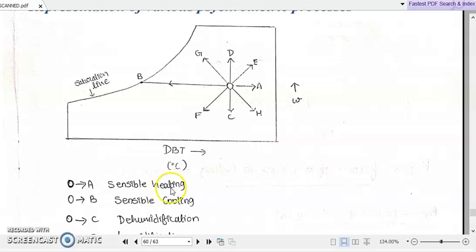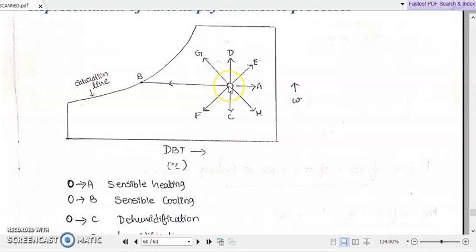Only if there is humidity addition or removal will there be latent heating or latent cooling. So O to A simply means there is only heating. That is, we are simply heating the dry air of the atmospheric air. We are not adding or removing any water vapor content.